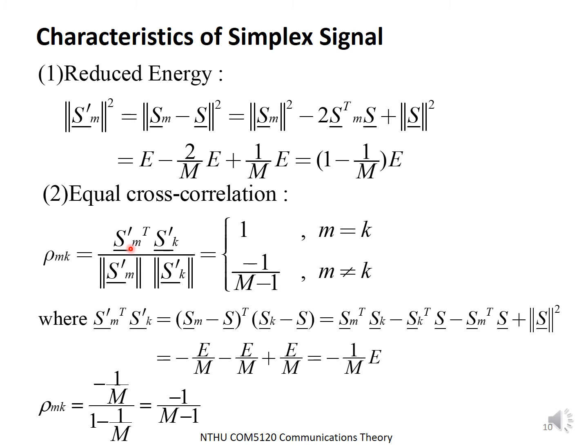We can show the result of this cross correlation here. The cross correlation of these two simplex signals is, by definition, the inner product of the shifted versions of the symbols.